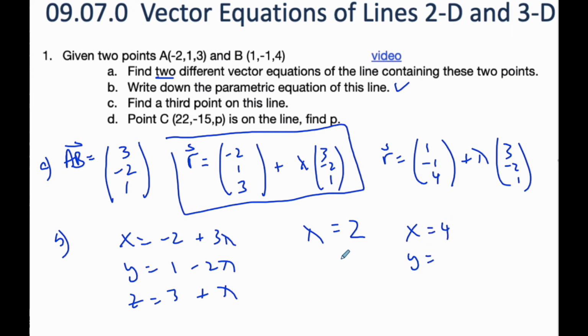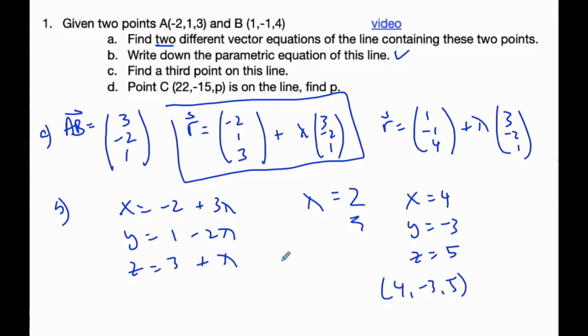My y value will be 1 subtract 4, because I put a 2 in there, which is -3. And z will be 3 plus the lambda value of 2, which is 5. And so my point is (4, -3, 5). And lambda can be any value I want.